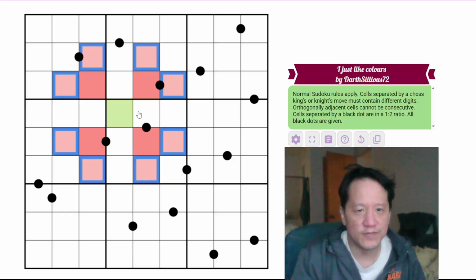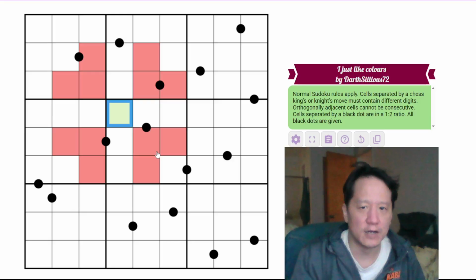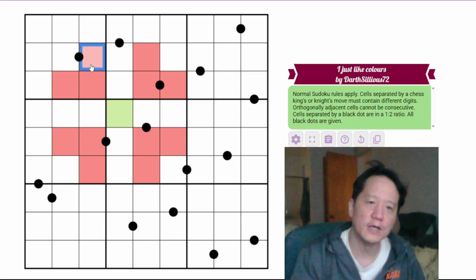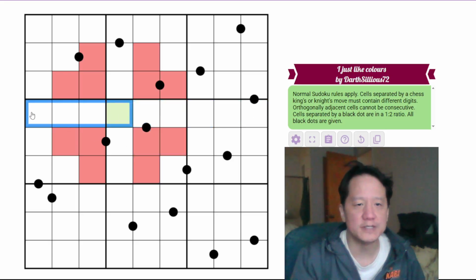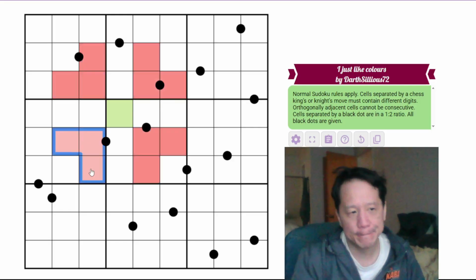So it's actually very restrictive about how each digit can appear, right? They can't be touching each other even diagonally, and they can't be a knight's move away either. So in addition to no repeats in any row, column, or box, you also cannot be in these additional 12 cells.